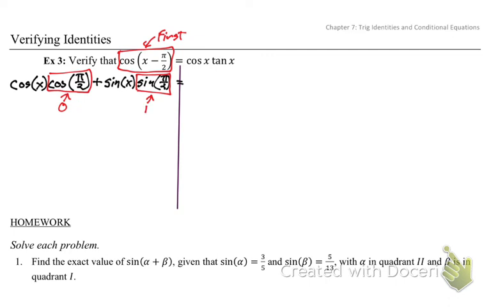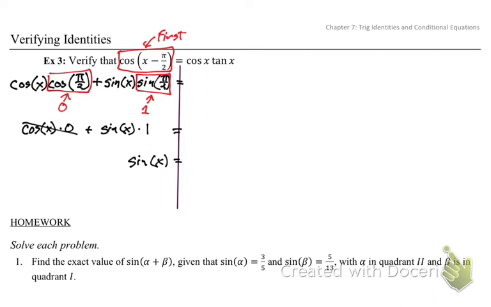Okay, so that's 1. So really what we have is cosine x times 0. What's anything times 0? 0. So that's just gone. Plus sine x times 1. What's sine x times 1? Sine x.